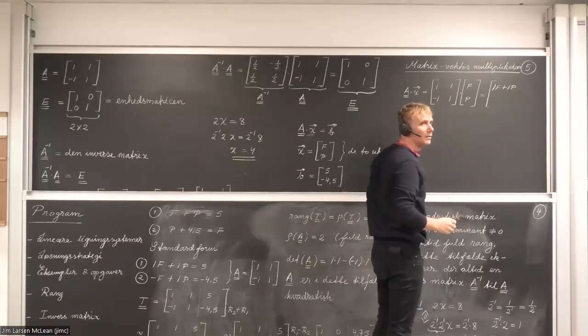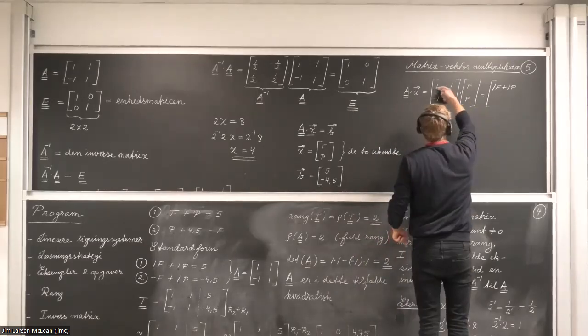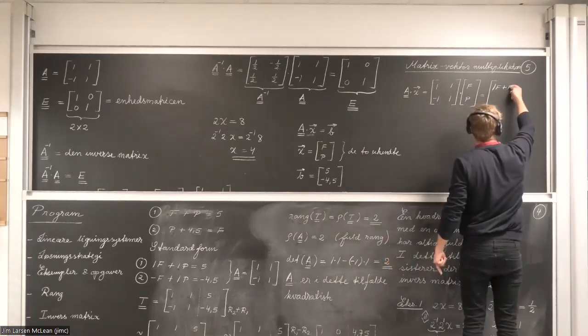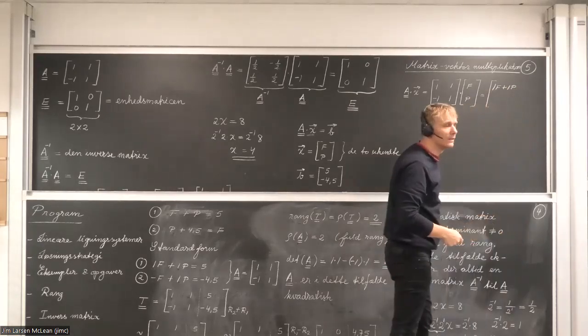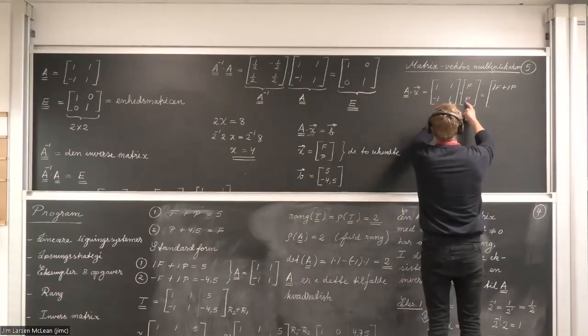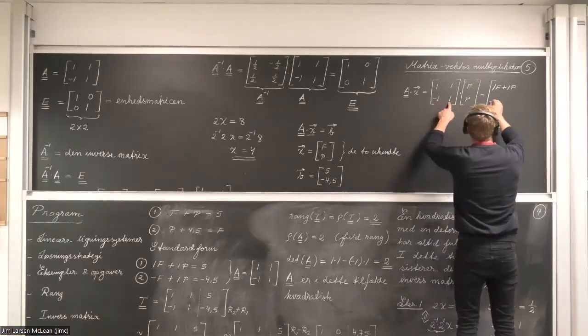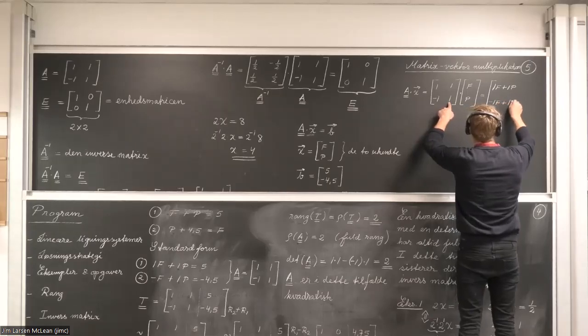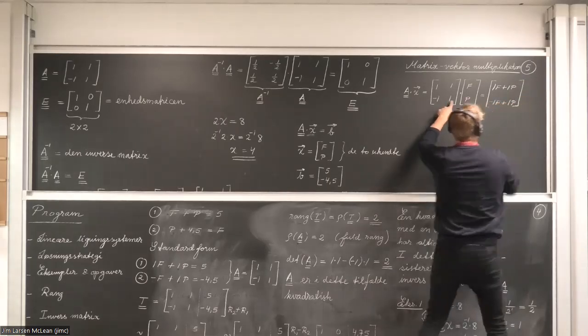First row and first column, the result must be in the first row and first column. Then you take that times that plus that times that. It is minus F plus P. Minus 1F plus 1P. And that is the result.